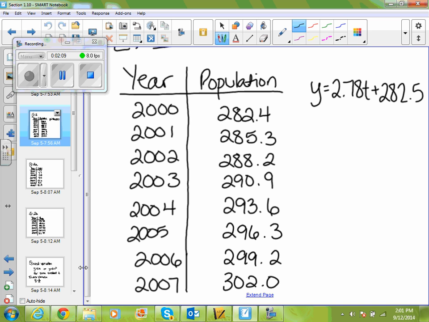Okay, once those are in, then you go to your y equals button and you go up above y equals where it says plot 1 and you push enter so that plot 1 is highlighted. And then also type in that equation into your y equals.